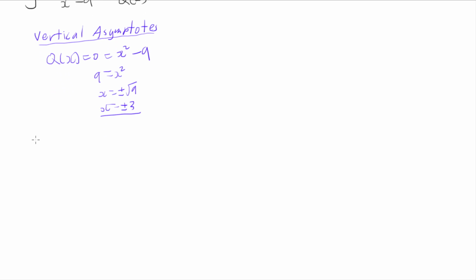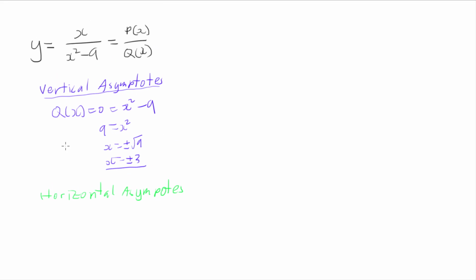I can then see if there are going to be any horizontal asymptotes, and they occur based on the interaction between these two functions. So I look at the degree of p and the degree of q. The degree of p is 1, its highest power, and the degree of q, the highest power, is 2.